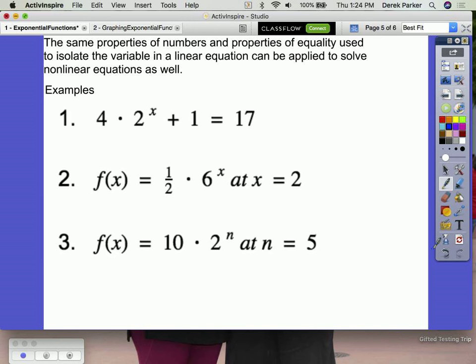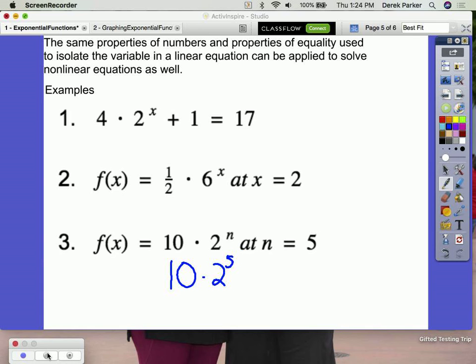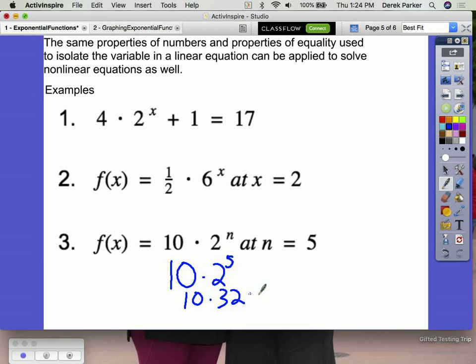Example number 3. I'm giving you the exponent value, in this case, n equals 5, so I plug that in. 10 times 2 to the 5th power. 2 to the 5th power is 32, so 10 times 32, and I get 320.